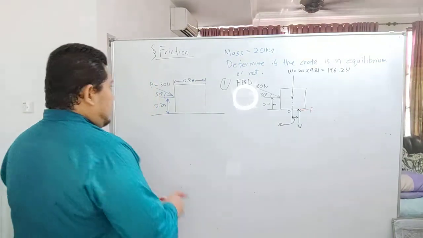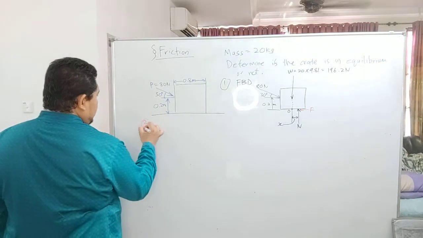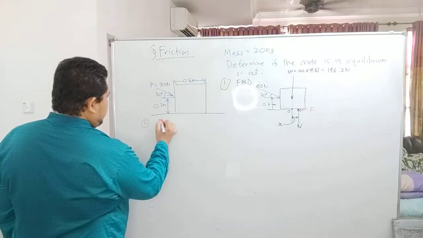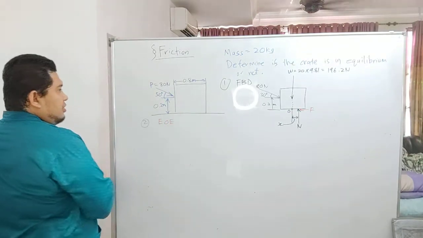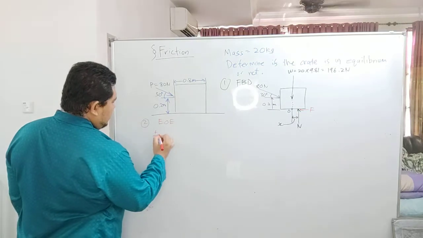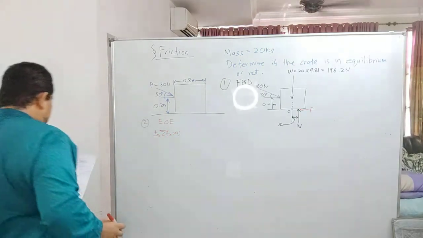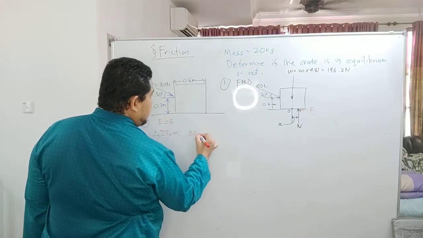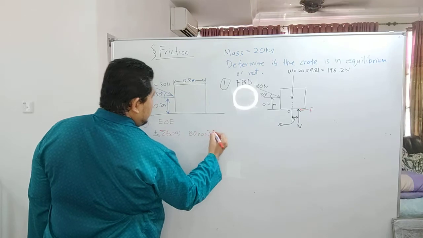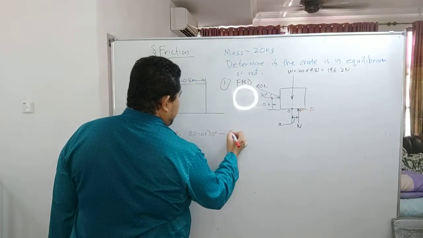Then for step number 2, you need to do the equation of equilibrium, EOE. The first one is the force summation along the x-axis, Fx, which is equivalent to 0. So here you have 80 Newton times cosine 30 degrees, and then minus F that you don't know.